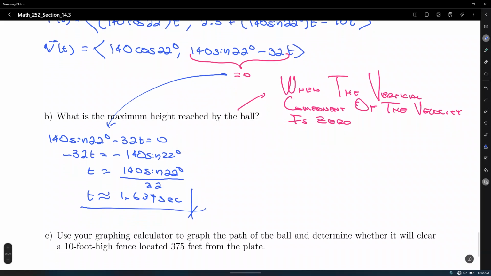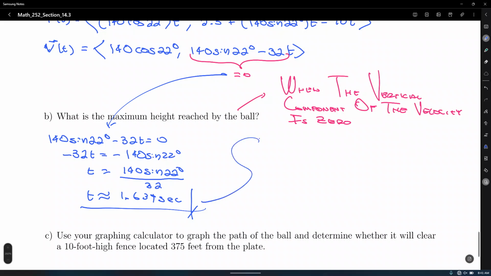All right, so that's only when it's going to reach the maximum height. How do we get that maximum height this time? In the y component only, right? We don't need both components, just the y component.